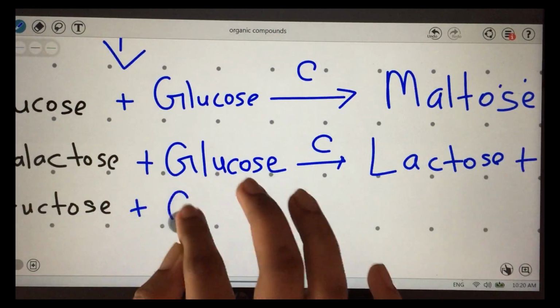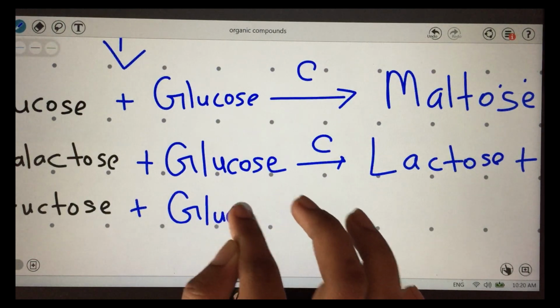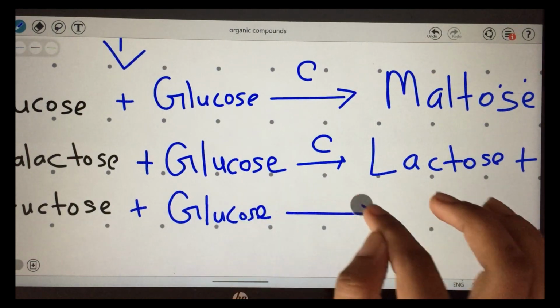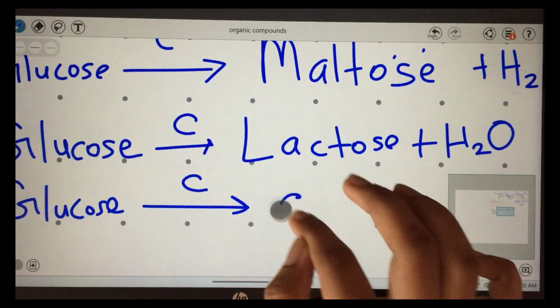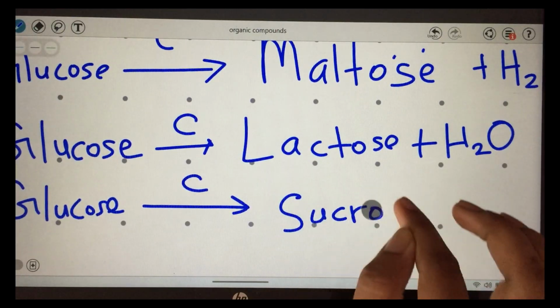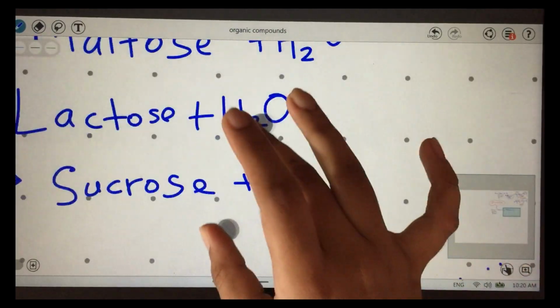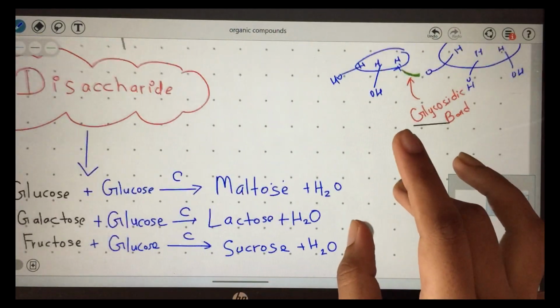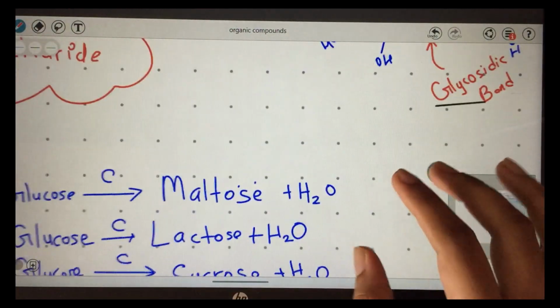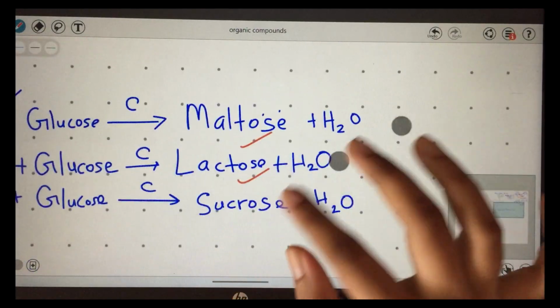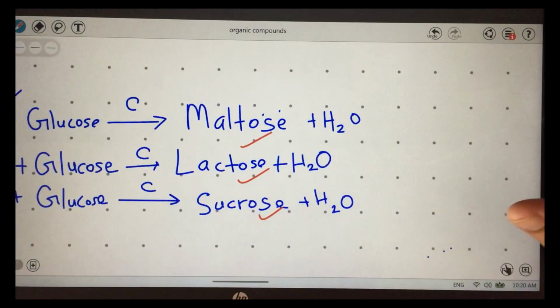Similarly, fructose and glucose react together, undergo condensation and form what? Sucrose and water. Okay, so what are the disaccharides that we have here? Maltose, lactose and sucrose. These are the three that we have.